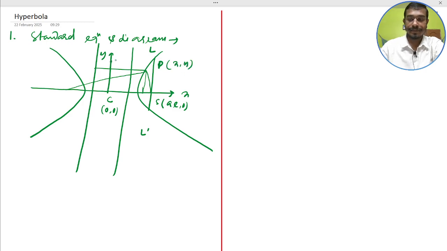This is point B. This is A. Here is the same A dashed, S dashed, minus A is 0. This is the diagram of the hyperbola. And here the equation, x equal to A by E, and this is x equal to minus A by E.